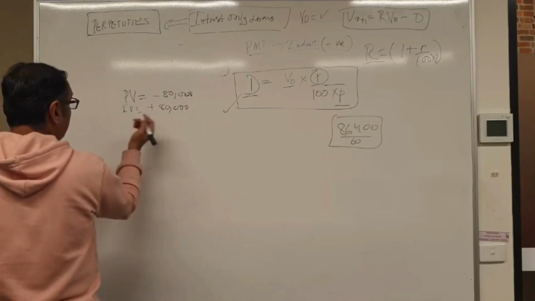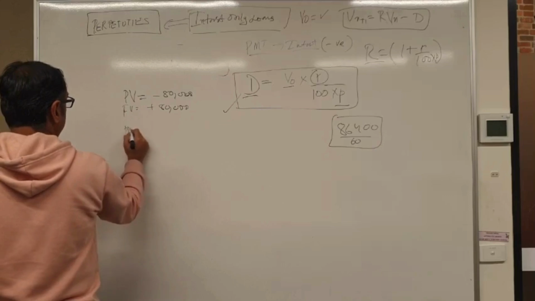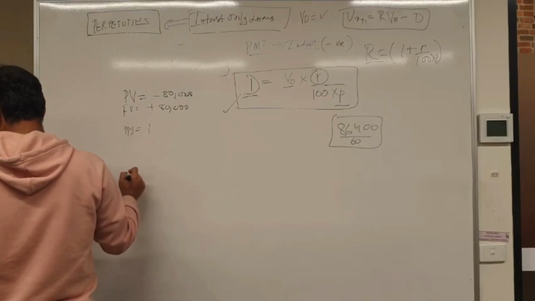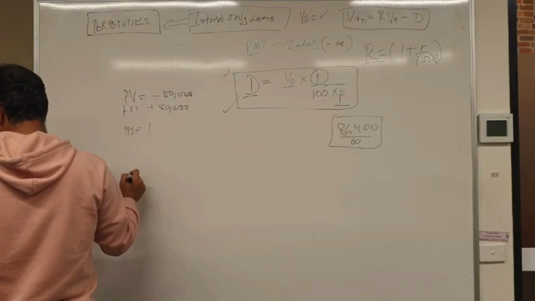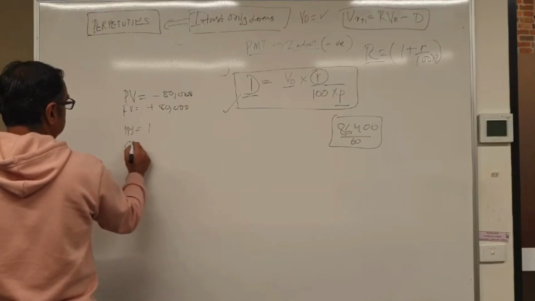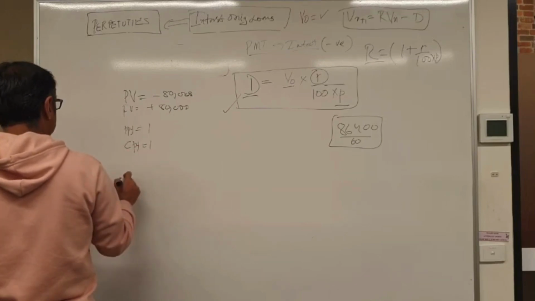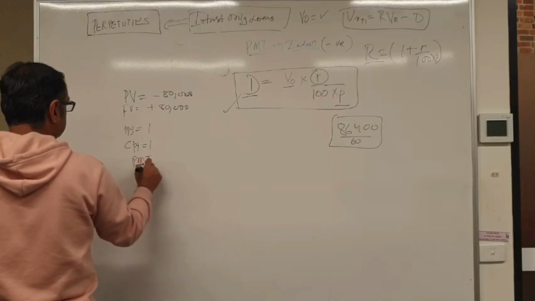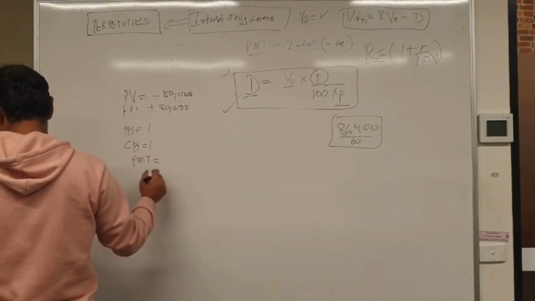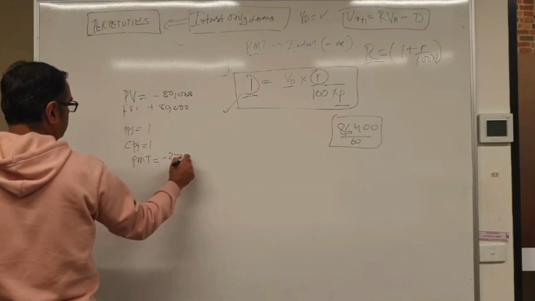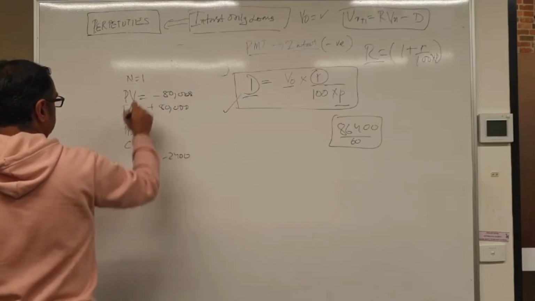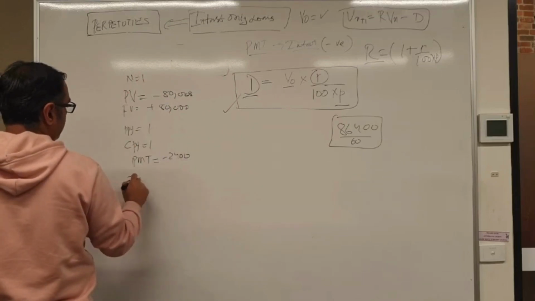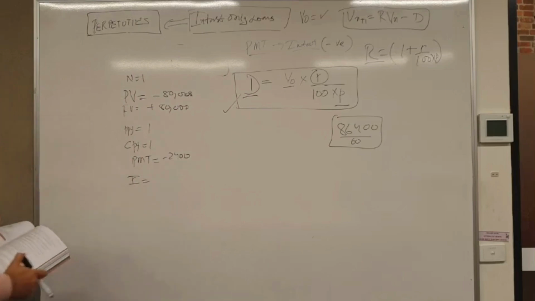To provide an annual donation, your PPY is 1. Compounding annually, CPY is 1. PMT is negative 2,400. N is 1. And I'm asked to find I. Press enter, you get it.